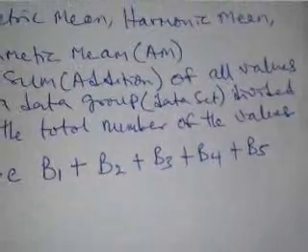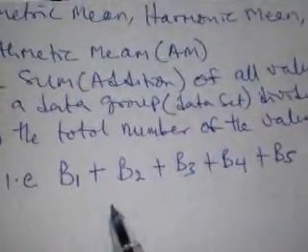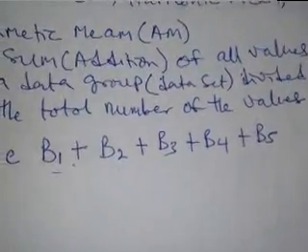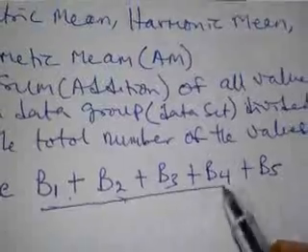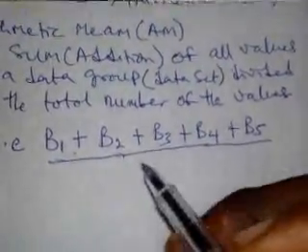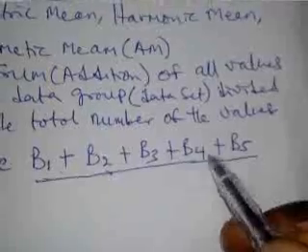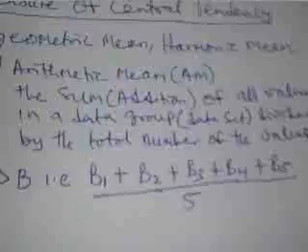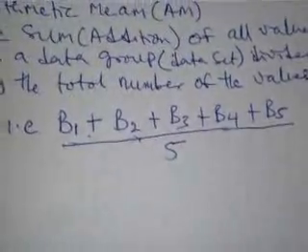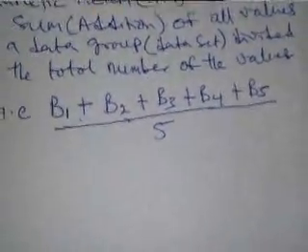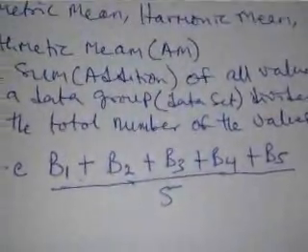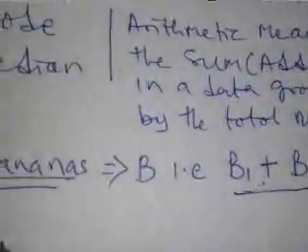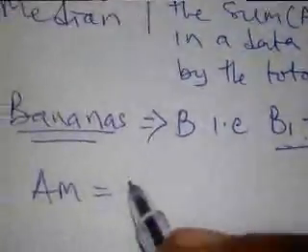These are the 5 bananas we have, and the sum, which is the addition of each of the bananas, divided by the total number of bananas, that's 5. That is what will give us the arithmetic mean. In simple words, arithmetic mean simply means the average.